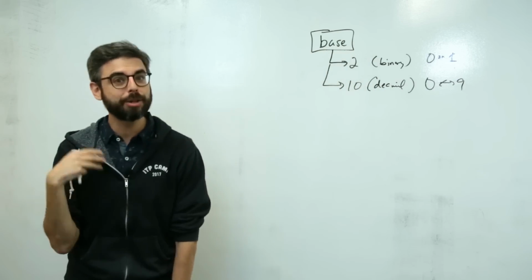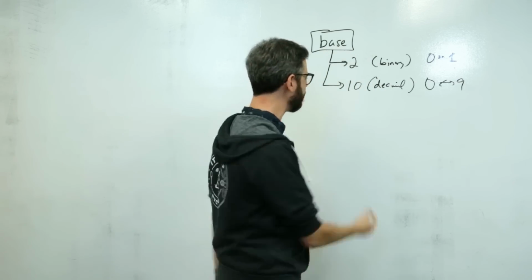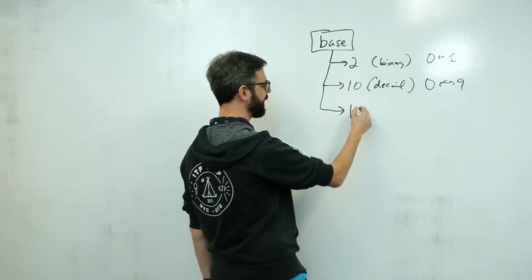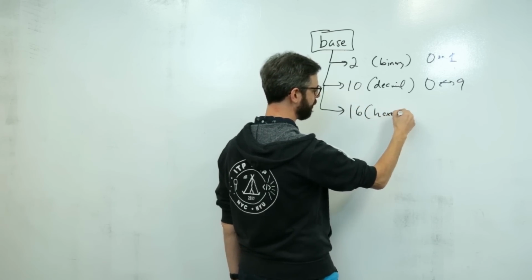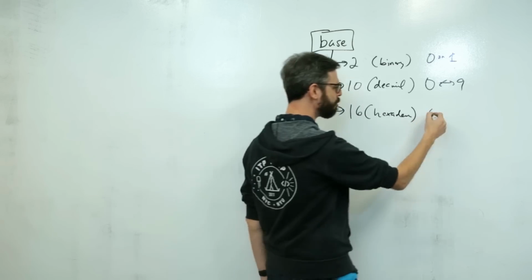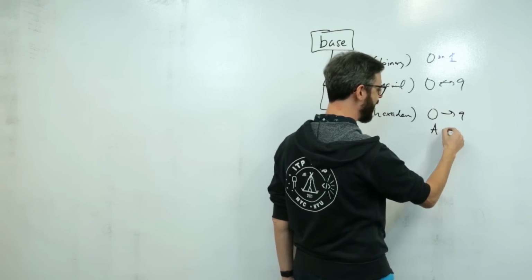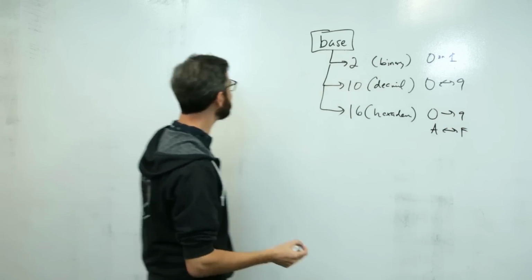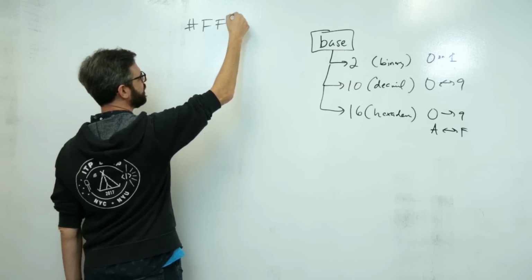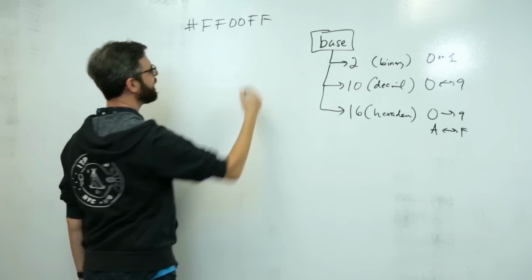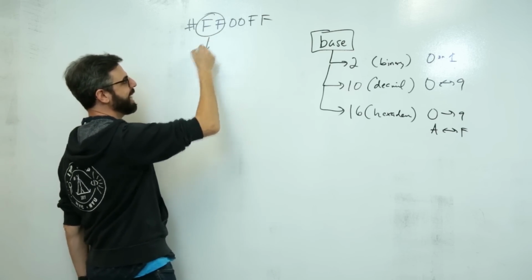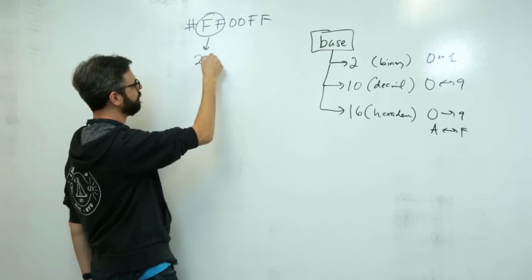There are other well-known numbering systems that get used often. Probably the one you see in computing the most is base 16, or hexadecimal. This actually has 16 possible digits, 0 through 9, and also A through F. So when you see something like FF00FF in CSS, this is hexadecimal encoding. This FF in decimal is 255.